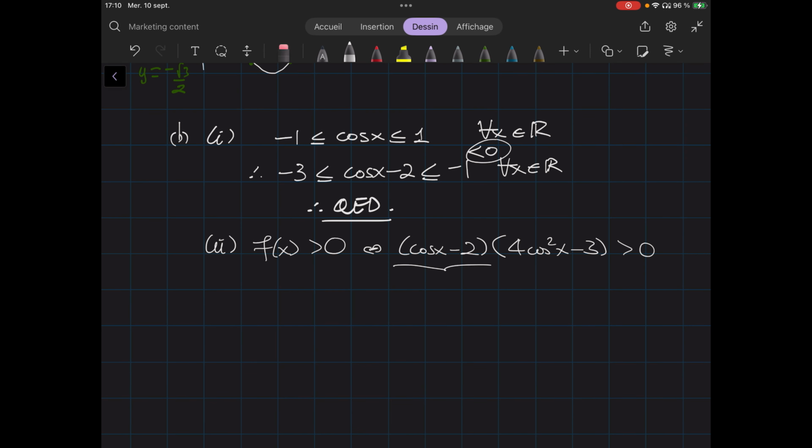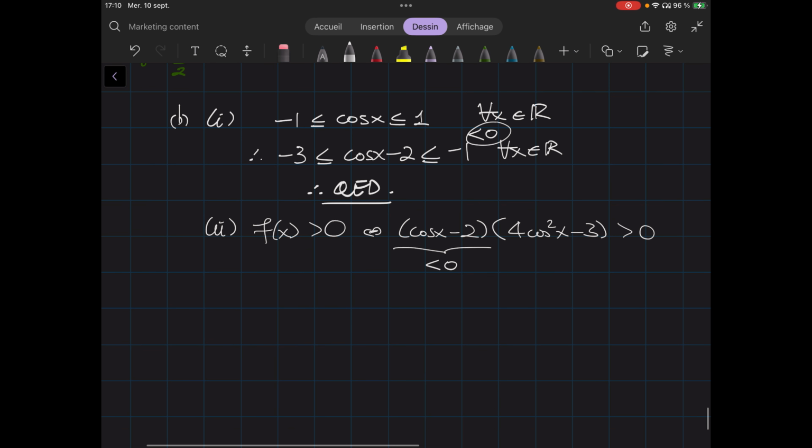This part we just proved to be negative. The product of a positive number and a negative number is negative. For it to be positive, this quantity over here also has to be negative, because the product of two negative numbers is positive.